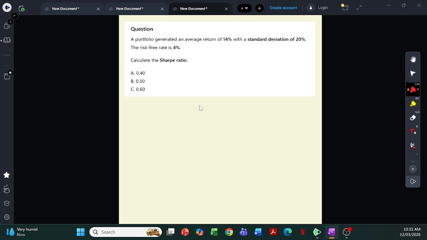So to put in the formula, Sharpe ratio is simply the return on the portfolio minus the risk-free rate divided by the standard deviation of the portfolio. So RP minus RF is given to us as 14 minus 4, which is 10%. Standard deviation of the portfolio is given to us as 20%.